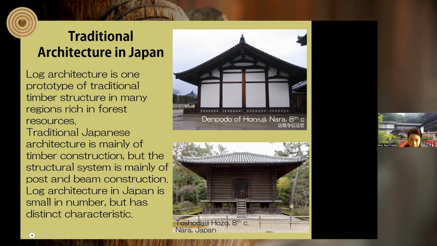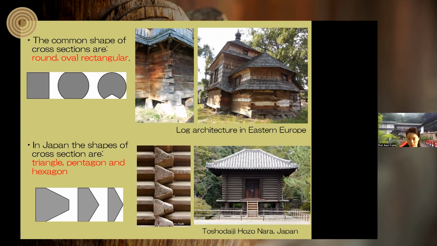In other regions and countries, such as Eastern Europe, Northern Europe, the United States and Canada, there is a lot of log architecture, but the common cross-section shapes are round, square or rectangular. In Japan, the traditional log architecture has a triangular cross-section, sometimes pentagon or hexagon, but triangular in general.